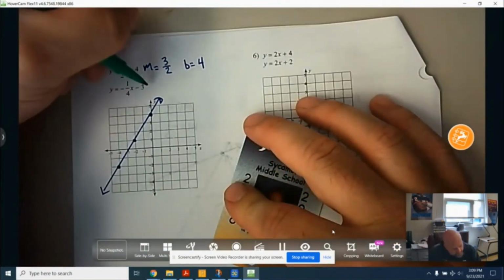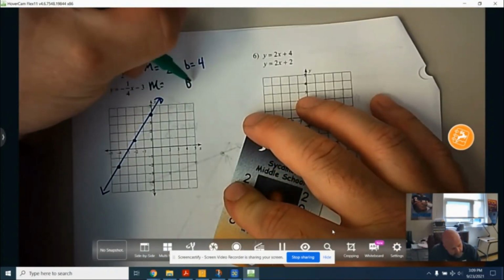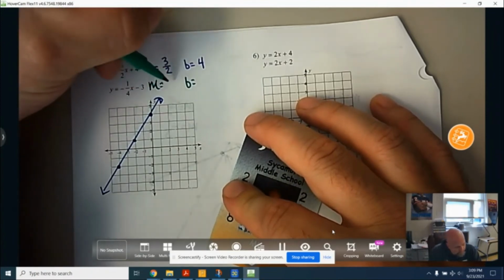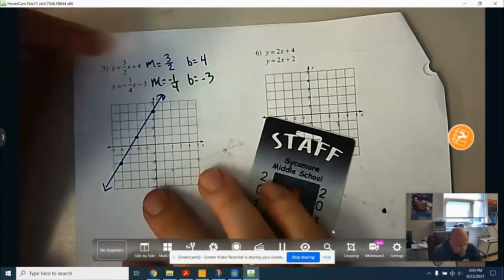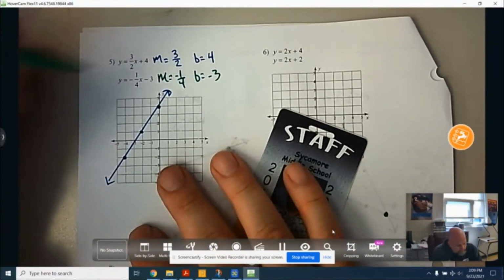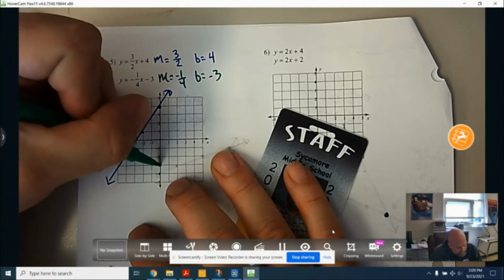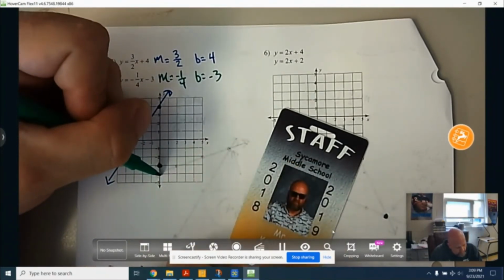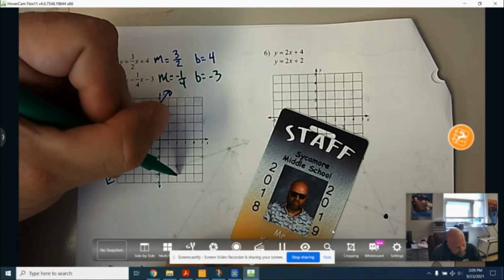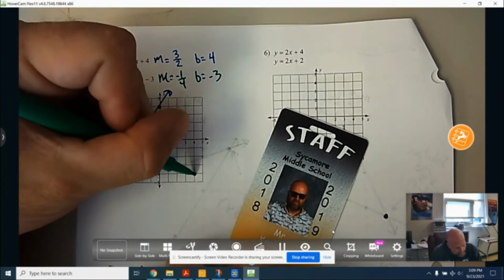Okay, second line. M equals, B equals. So my M is -1/4, and my B is -3. Okay, so I'm going to go ahead and start at -3, and my slope, I would drop 1 and run to the right 4.